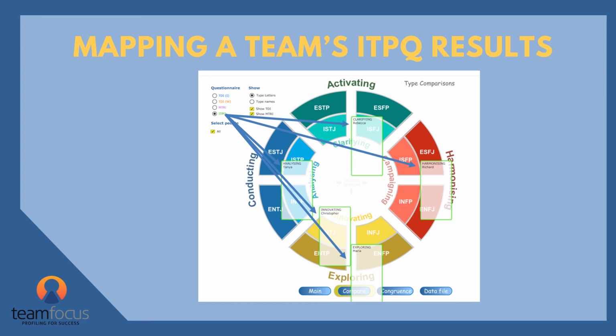This illustrates the importance of understanding situational challenges and reinforces the value of having a tool that links situational demands to current activity. In summary, by mapping what people are currently doing with the MTRi and having a clearer picture of what they should be doing with the ITPQ, this is what makes the type mapping approach such a worthwhile and practical tool for becoming more effective.